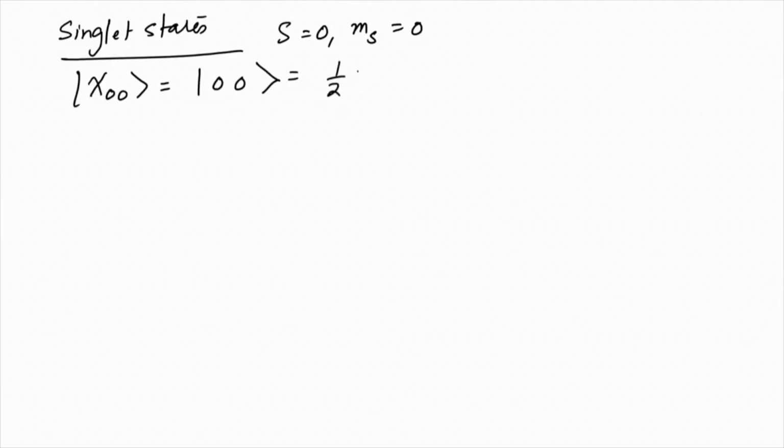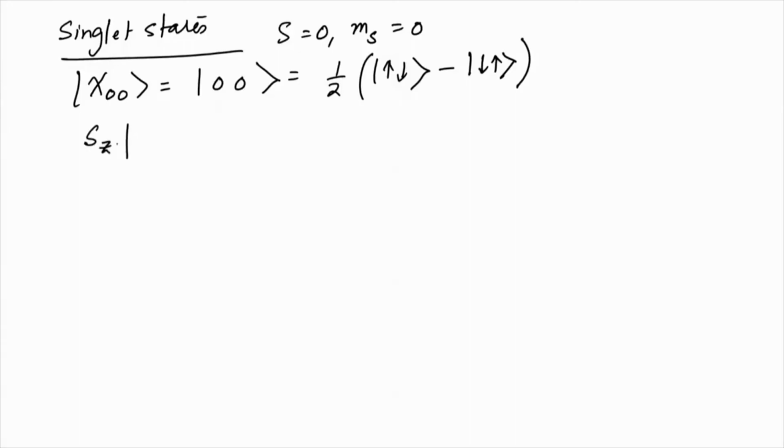Which corresponds to s equal to 0, m s equal to 0. Let us just call it chi 0 0, or we can also use a notation like 0 0, which is equal to a half up down minus down up. So, why is it a singlet state?